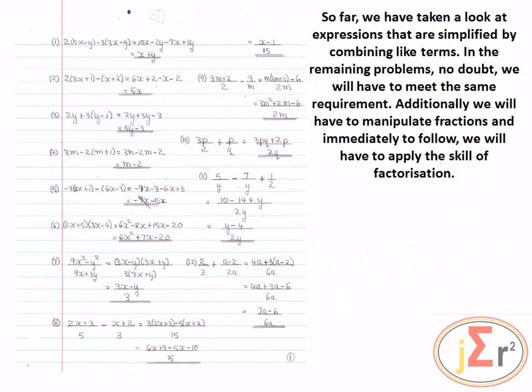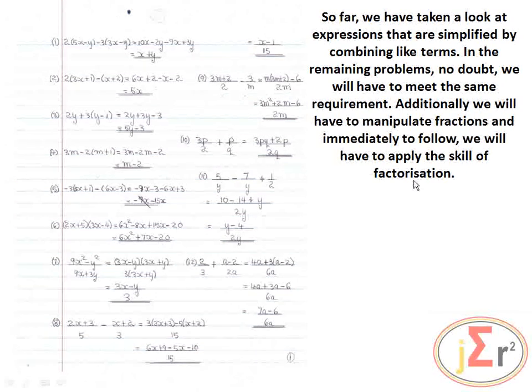So far, we have taken a look at expressions that are simplified by combining like terms. In the remaining problems, no doubt, we will have to meet the same requirement. Additionally, we will have to manipulate fractions, and immediately to follow, we have to apply the skill of factorization.